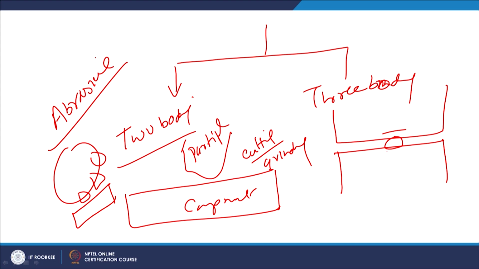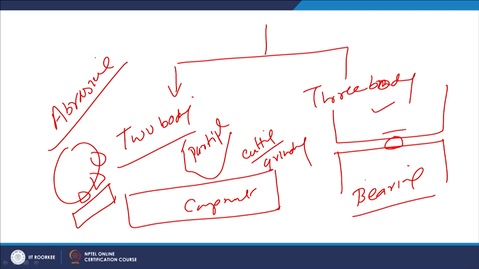Similarly, in three body abrasive wear, a hard particle enters the bearing system. So, between the roller and its recess, here we will see that one hard particle has entered. So, this will cause three body abrasive wear.